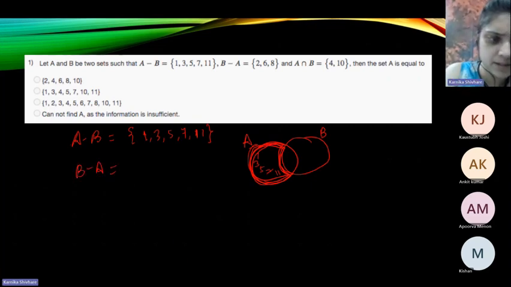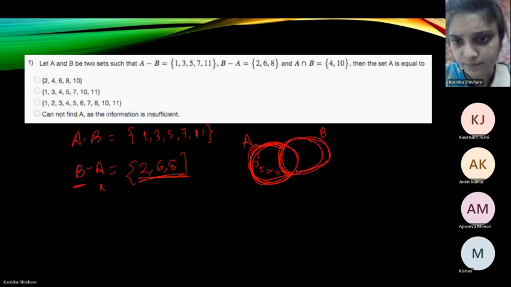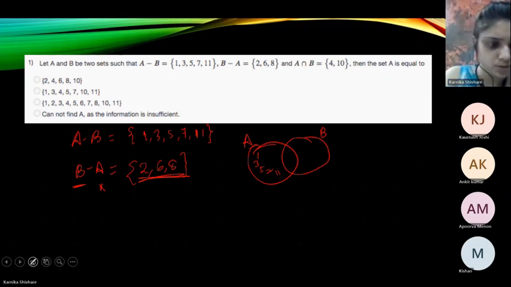Similarly, B minus A is equal to 2, 6, 8. It means these elements belong to B but not to A, so they belong to this part. Let me change the color and show.